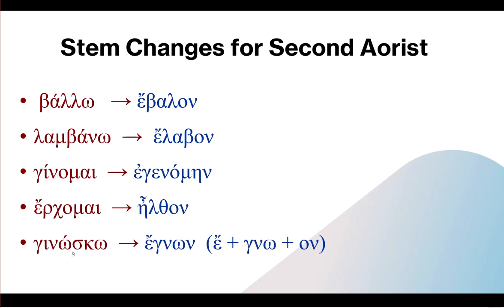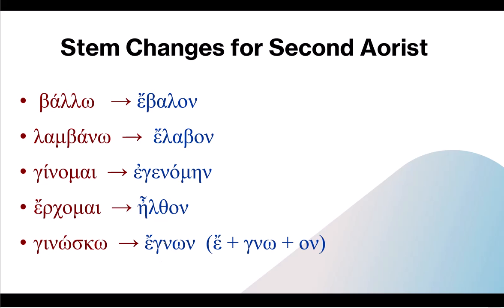Finally, for gnosko, the stem changes to gno, so gamma, nu, omega. And in that case, we have egnon. The stem is bumping up against the omicron connecting vowel and the ending nu, and then the omicron and the omega contract and just become omega, so we get egnon.